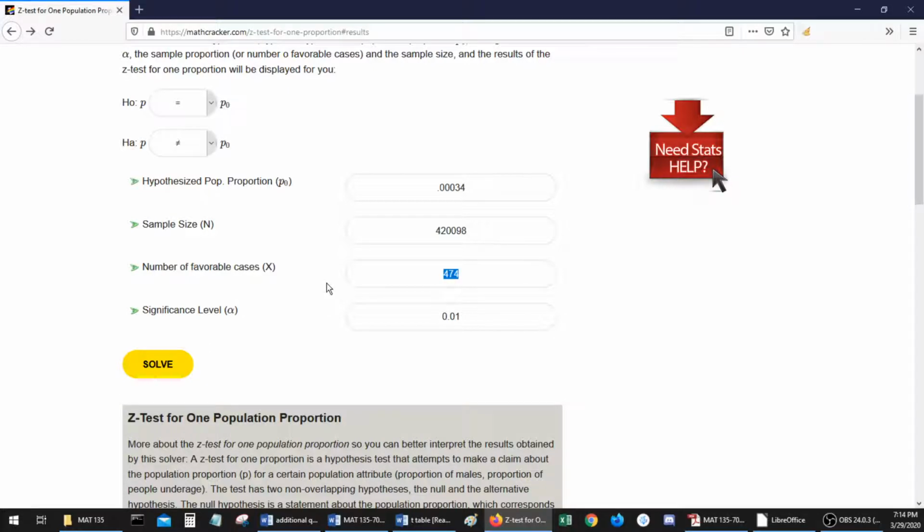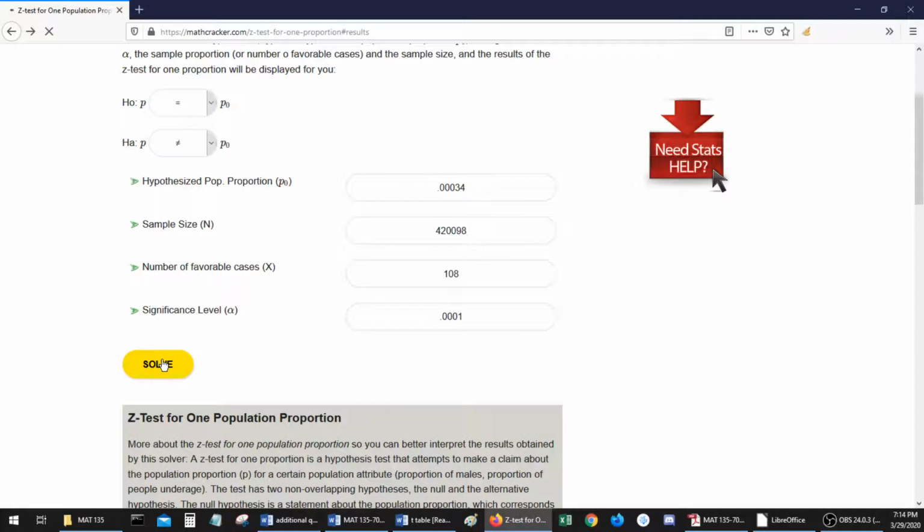Number of successful cases, 108. I say successful, obviously it's not successful if you get cancer, but I mean the number of people who have the disease is 108. And our significance level is 0.0001, which is a super, super significance level. I mean, you have less than a 0.0001 chance of getting the results by chance.